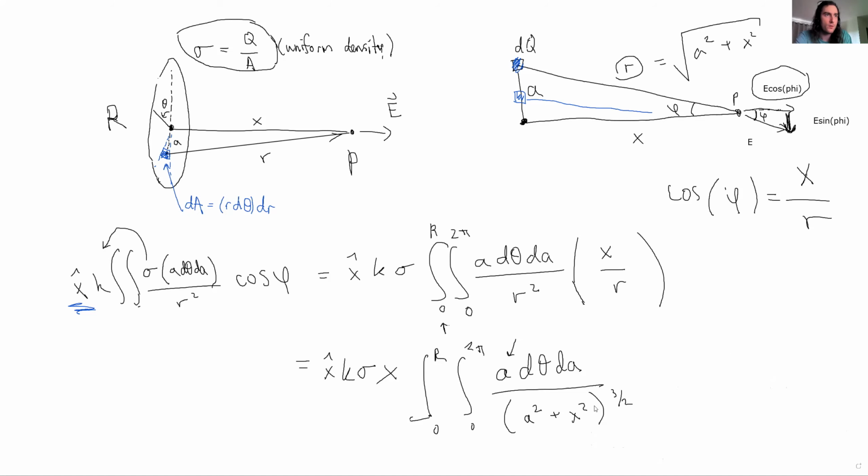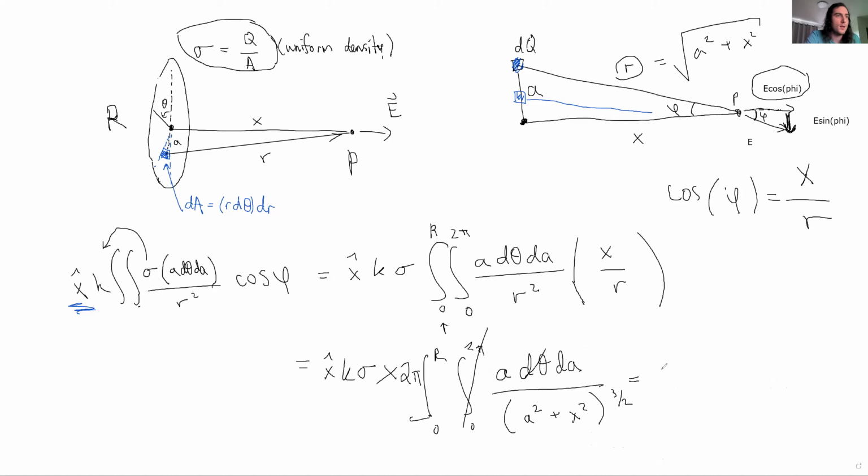So you guys go through the u substitution in your studies on your own to make sure you know what's going on there. The integral from 0 to 2 pi d theta, what does that integral give? There's no theta in here, so what happens? Just multiply this answer by 2 pi, and we've done the theta part.